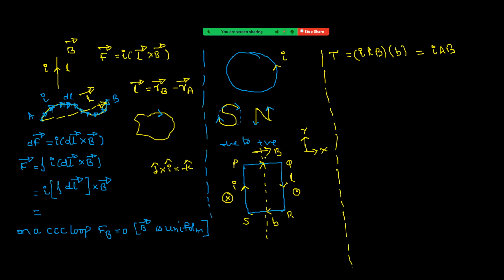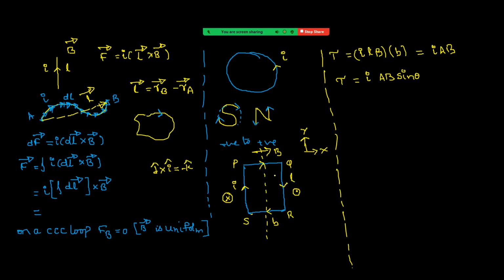Angle is 90. Suppose the angle between M bar and B bar is not 90, it is theta. Then the torque will be I into A into B into sine theta, where theta is the angle between the magnetic dipole moment vector and field vector.